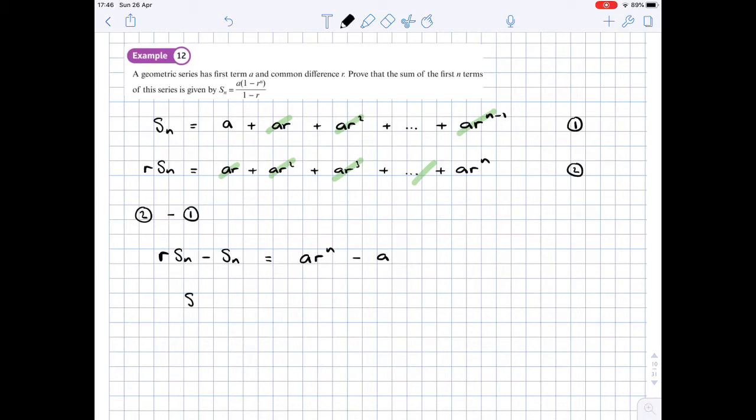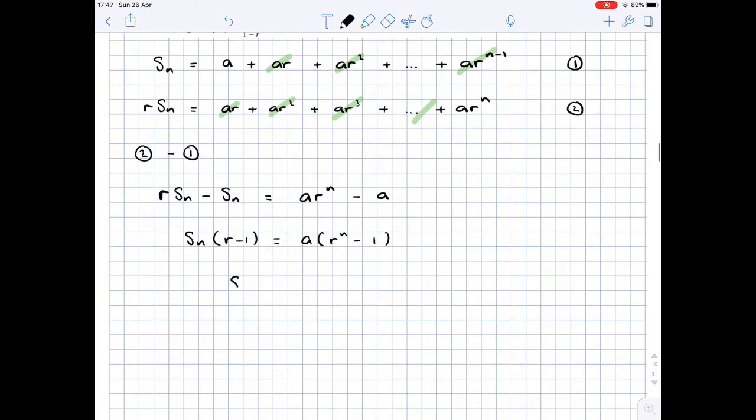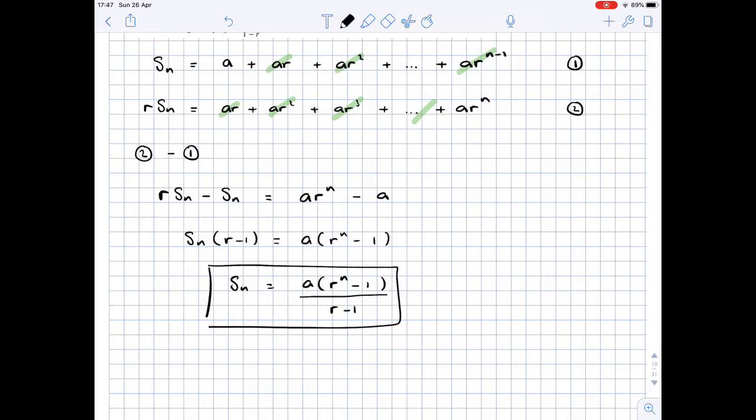Now to factorise, Sn times r minus 1 equals that, making Sn the subject, and here you can see we have the summation formula.